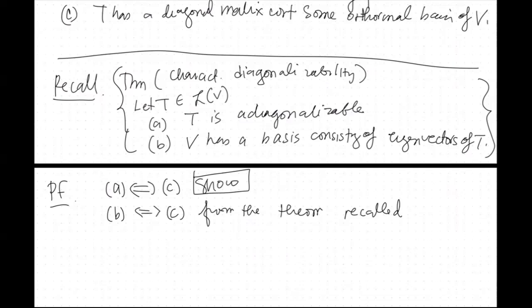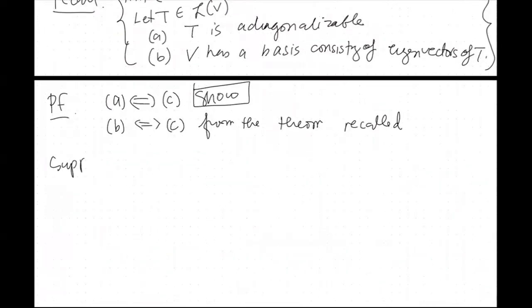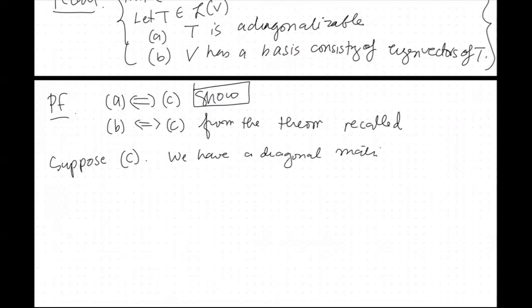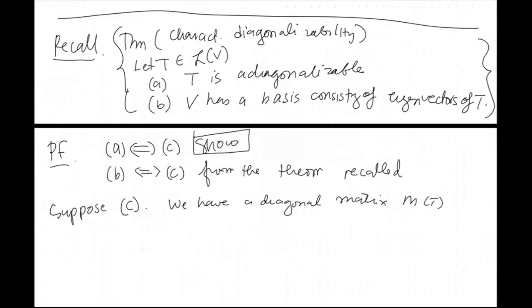Now, let us suppose C holds. Then we have a diagonal matrix, say M of T, with respect to some orthonormal basis of V. So this matrix is diagonal.